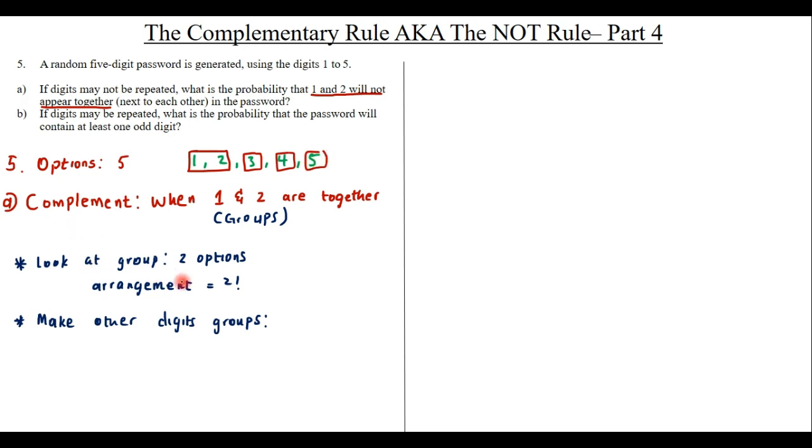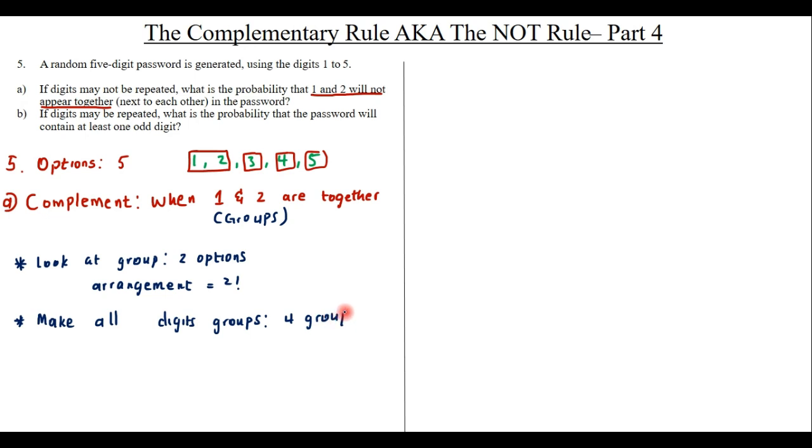So I have considered the group that needs to be together and calculated that, and then I make all other digits their own groups. When I'm counting the groups, including the one that is grouped here, I'll have 4 groups.